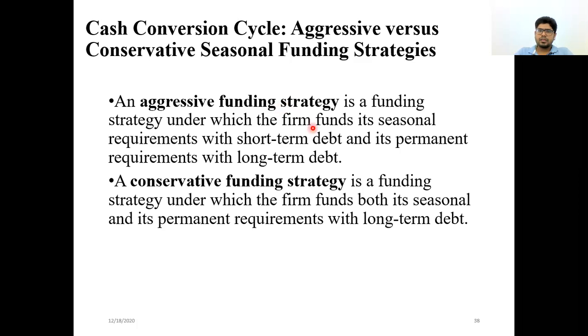And so the maturity matching policy is very close to the aggressive funding strategy, and the conservative funding strategy means we assume that most of the working capital requirement is funded by long-term financing. So the conservative funding strategy is a funding strategy under which the firm funds both its seasonal and permanent requirements with long-term debt, right? Both seasonal as well as permanent working capital requirements are funded by long-term debt, right?